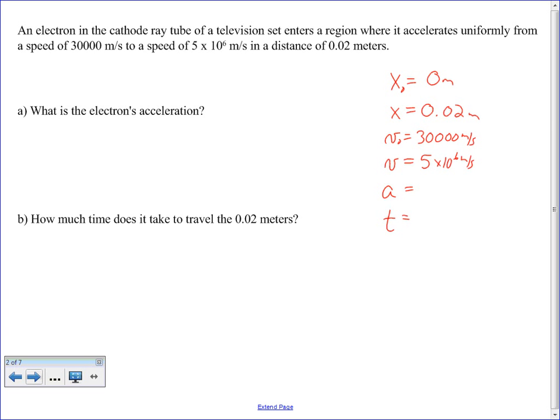In this problem, the first thing we're asked to do is find the acceleration. And in the second part of the problem, we're asked to find at what time it reaches the end of the 0.02 meters.